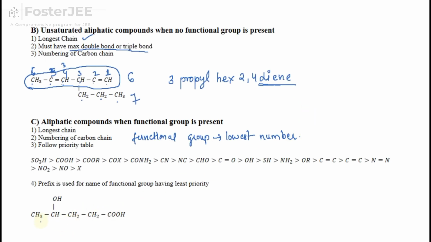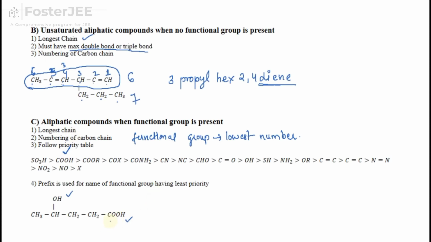Here we can see that this compound has two functional groups. One is the alcohol group and the second one is the carboxylic group. Now we can see that in the priority table, carboxylic acid has the highest priority.